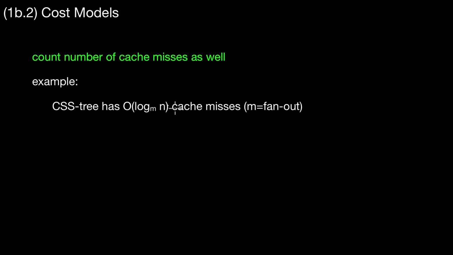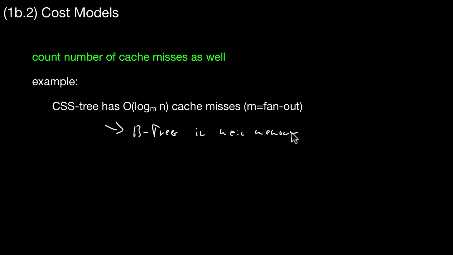So that's very nice. The number of cache misses is not with respect to base 2, it's with respect to base m, where m is the number of outgoing arrows of an index node. That's a huge difference and has a huge impact on performance. Many cache-efficient trees have similar performance characteristics. B-trees in main memory have a similar effect. We will look at that later on.